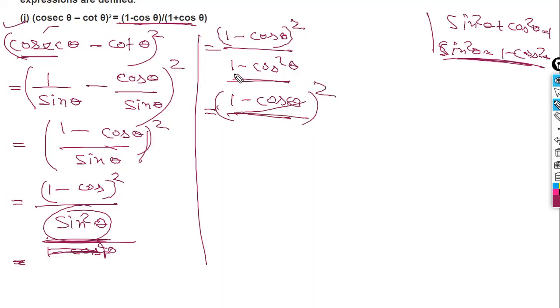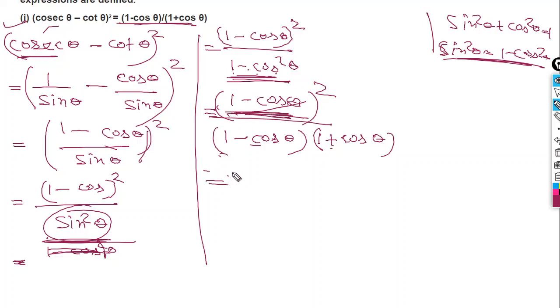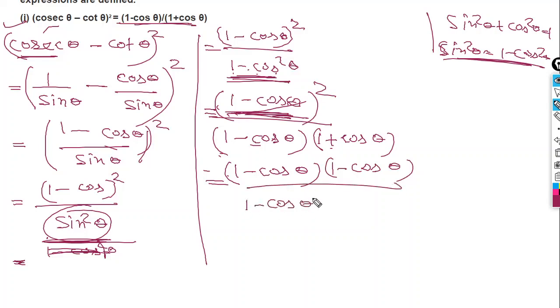So it will be (1 minus cos theta) whole square divided by 1 square minus cos square theta, and we can put the a square minus b square formula. So it will be (1 minus cos theta) into (1 plus cos theta) in the denominator. Now expand it: (1 minus cos theta) into (1 minus cos theta) divided by (1 minus cos theta) into (1 plus cos theta).